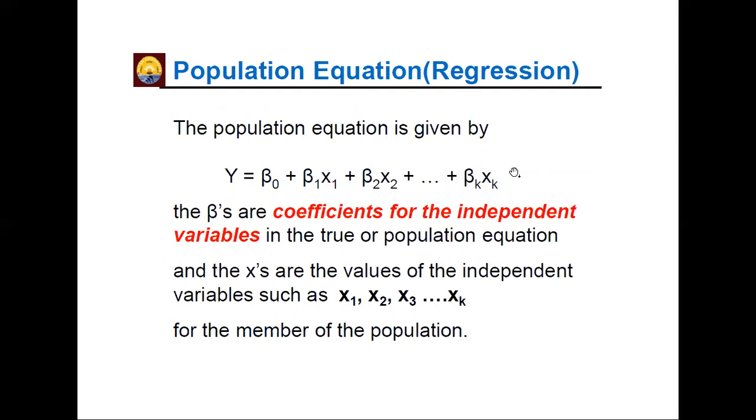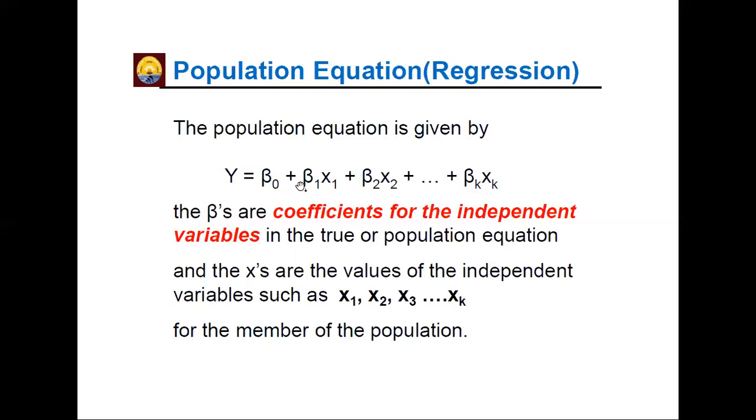This is the equation I'm taking for the entire population. For the whole population, we have one dependent variable, y, which depends on the k independent variables with respect to their coefficients.